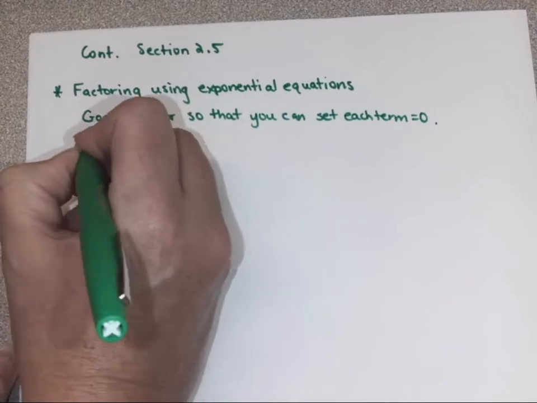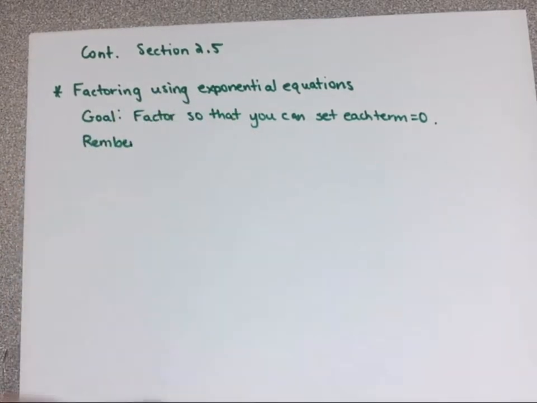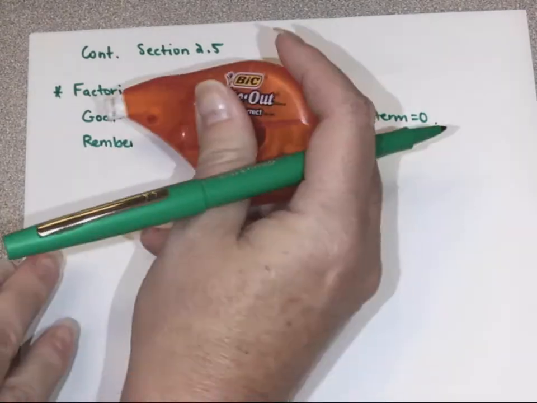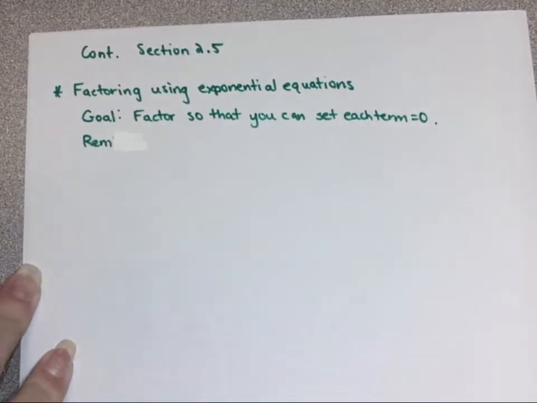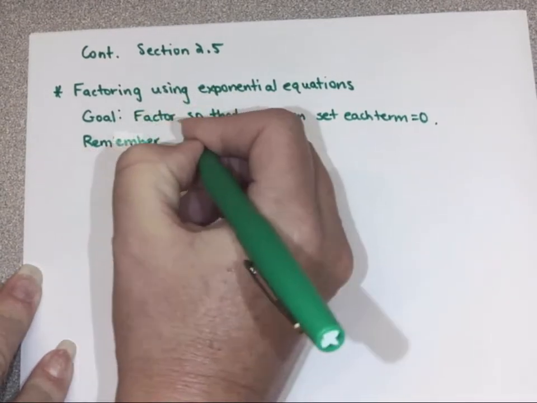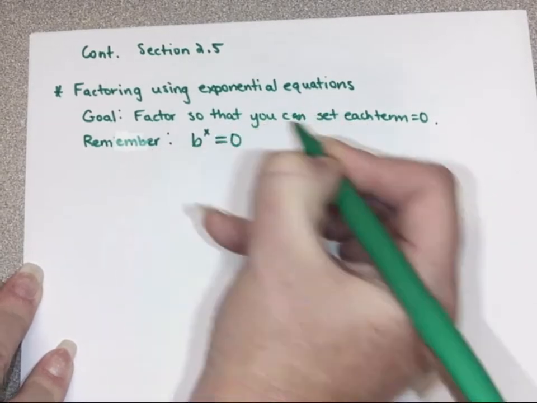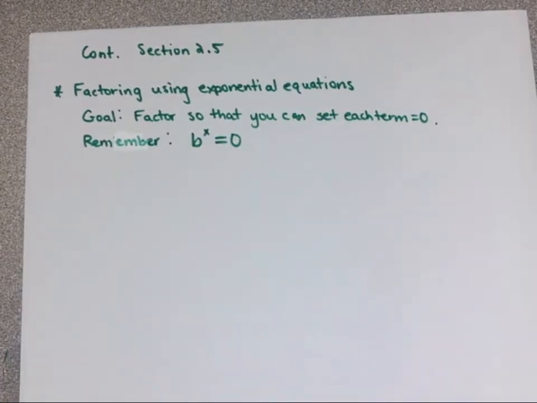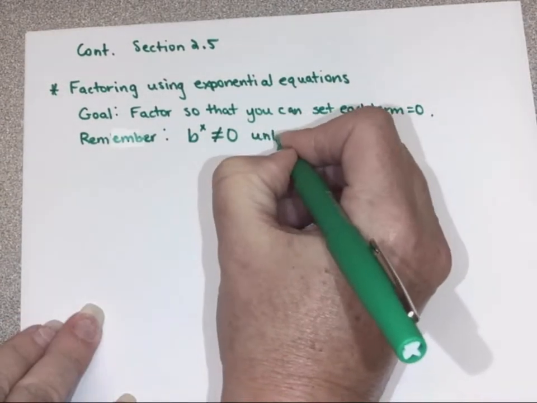Also remember that if you were to set something like b to the x power equal to 0, you wouldn't be able to do that, because in fact b to the x cannot be 0 unless b itself is 0.